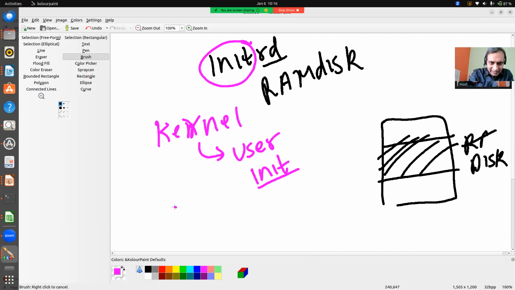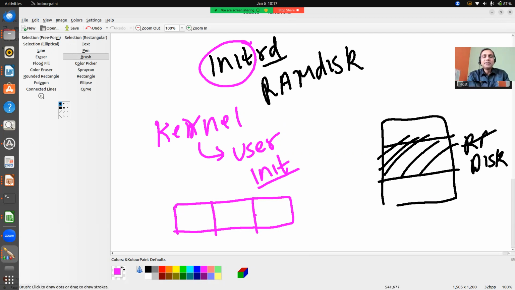Now, typically your root file system can be on any of the partitions. It can be on the NAND flash, it can be on the NOR flash, it can very well be on some SD card, on the eMMC or whatever.